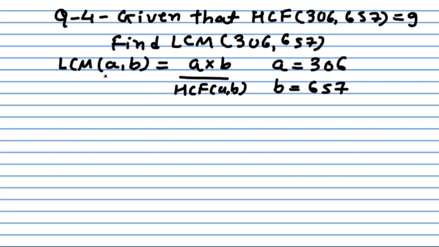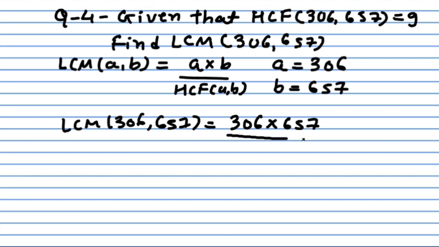Therefore the LCM of 306 and 657 is equal to 306 multiplied by 657 divided by 9, because the HCF is given, so it is divided by 9.